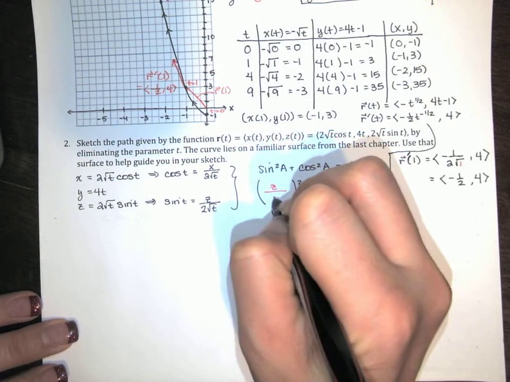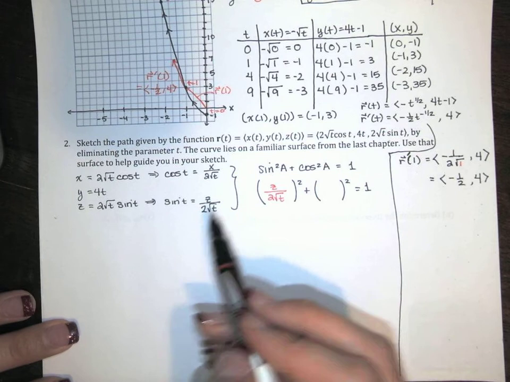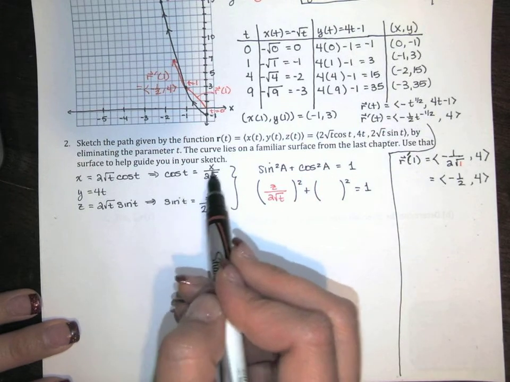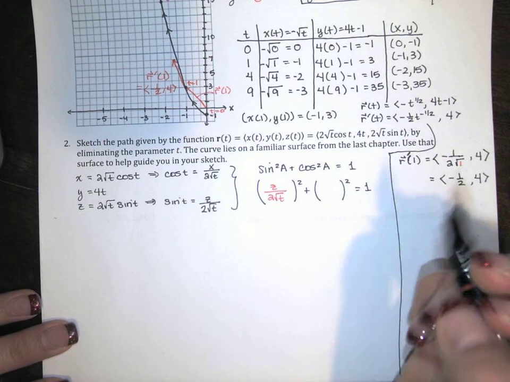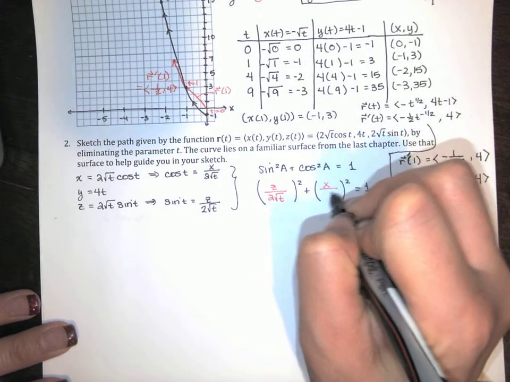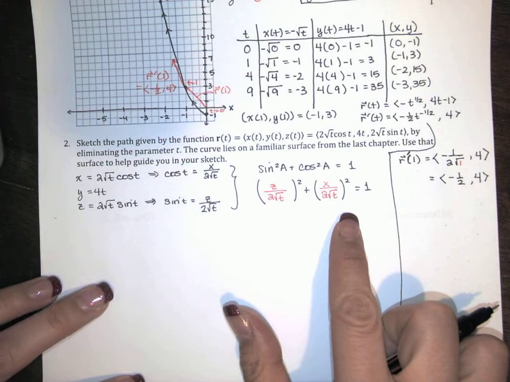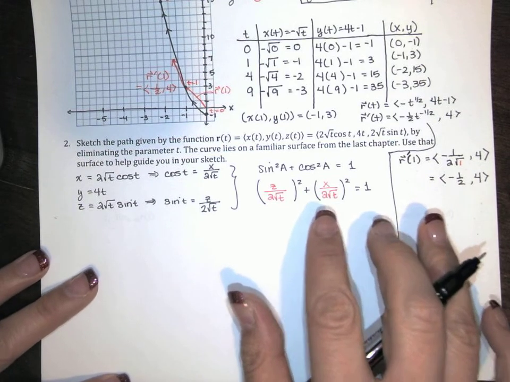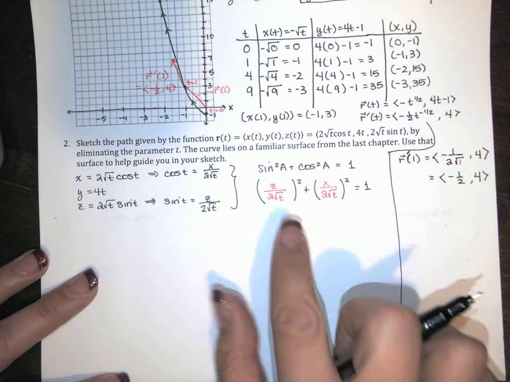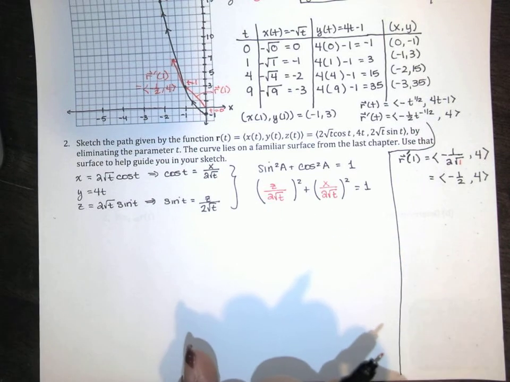Just using a for angle, just trying to make it generic. And cosine of a is, well, in our case a is t, so cosine of t is x over 2 times the square root of t. Now, this equation does not eliminate t. We still have t's in it. But we're closer to eliminating t, because now I have an equation that relates x and z to each other.